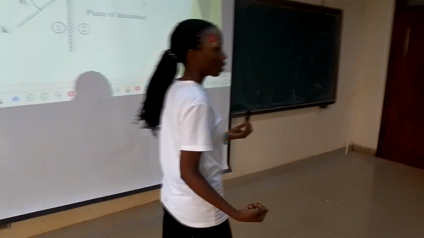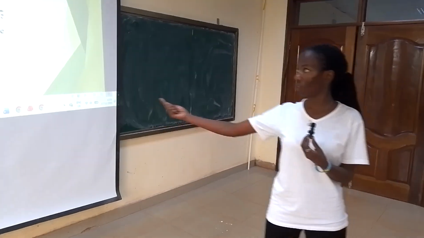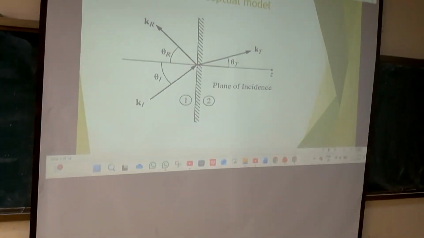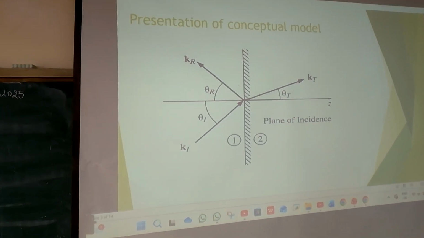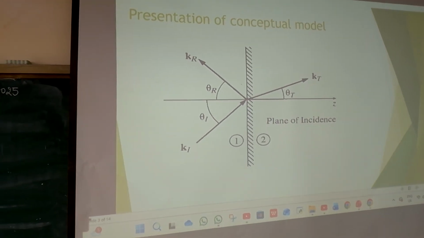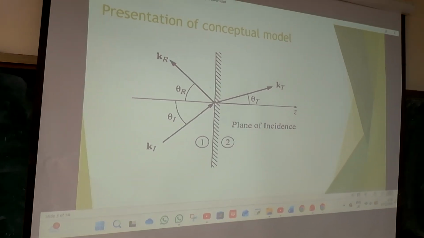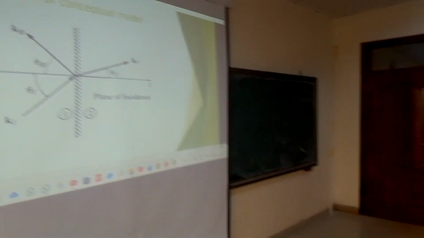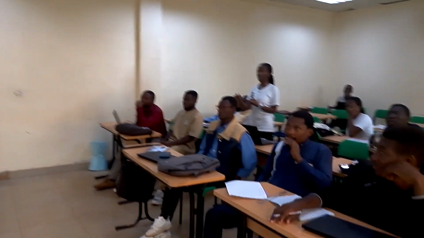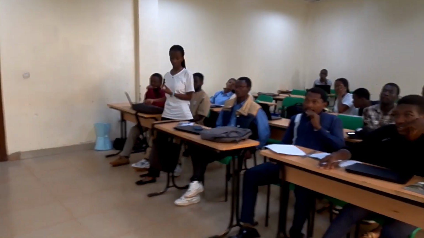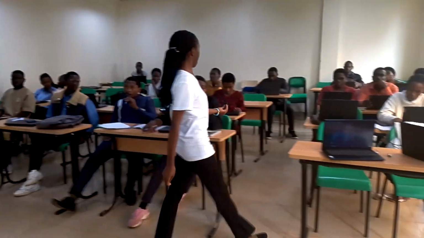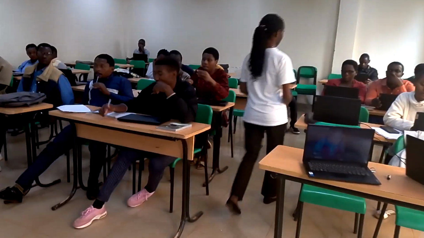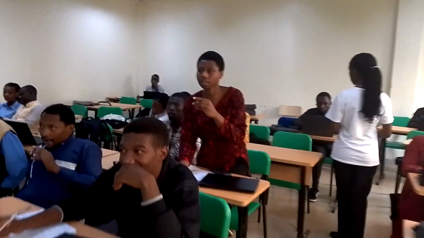I'm requesting you to observe this picture and tell me what comes to your mind by observing it. Observe it. Who can tell me what comes to his or her mind once he or she observes that picture? Vanessa? I'm saying that it is a reflection of light diagram.